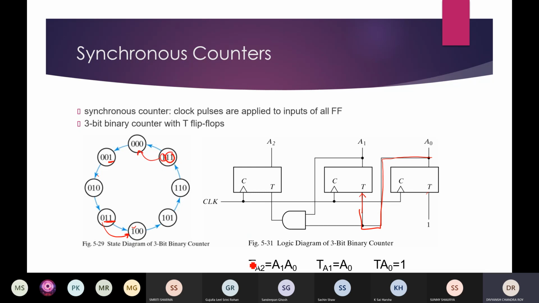So what we do, we simply take the input of the third flip-flop T2 as A1 AND A0, which is what is written here. Is it clear? This is the way to design any counter.